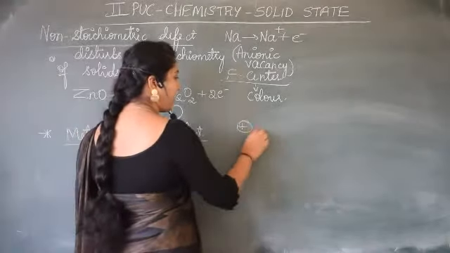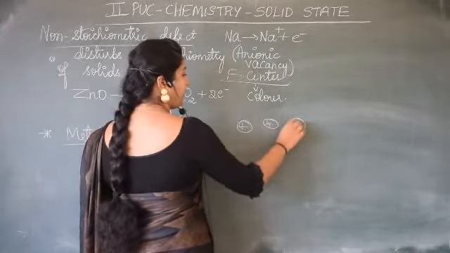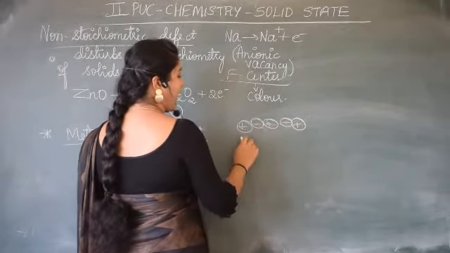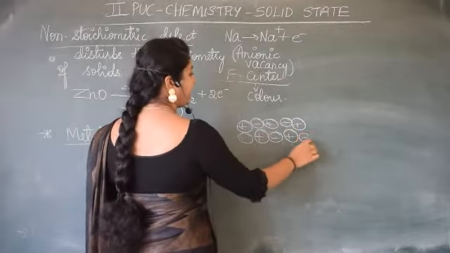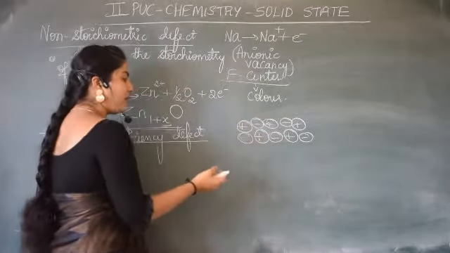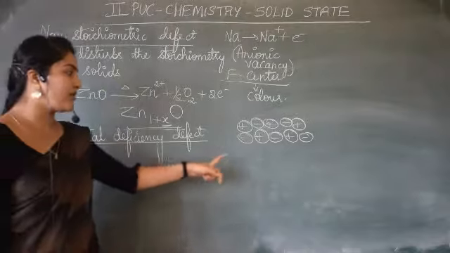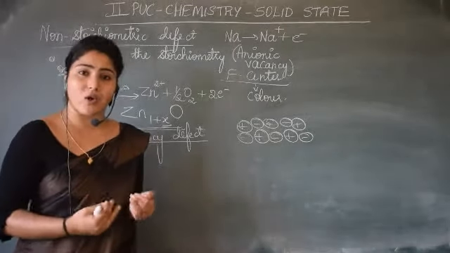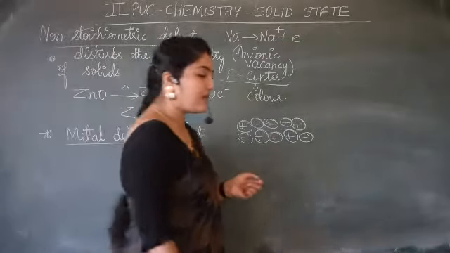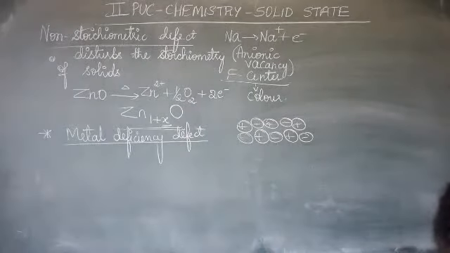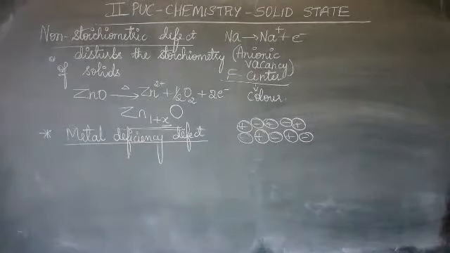Positively charged species, the metal ions, will be less in number compared to the electrons. That is what we call metal deficiency defect.